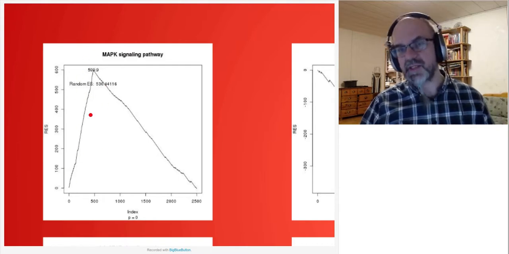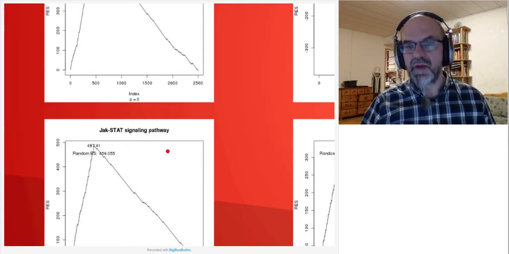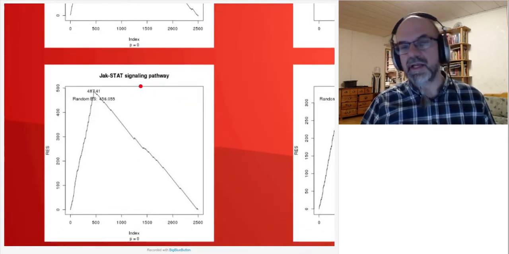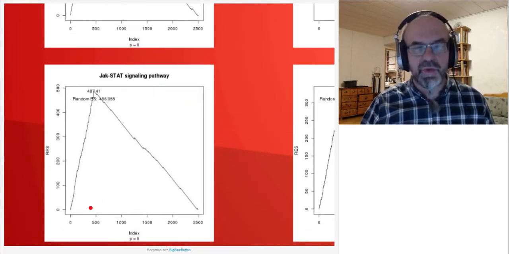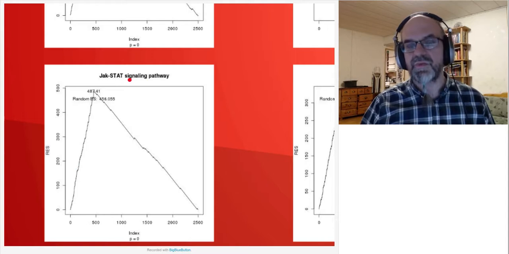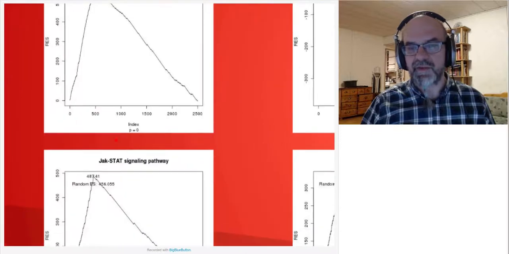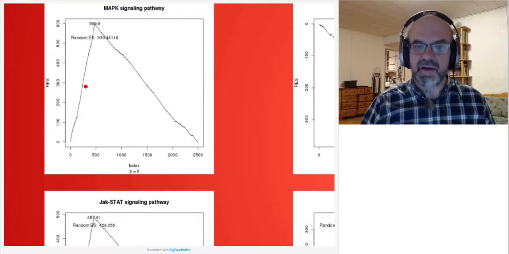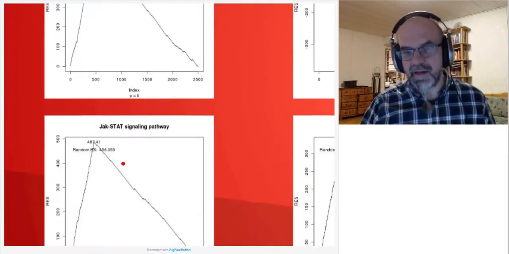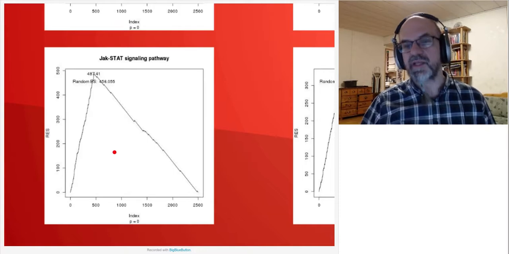This data is coming from such an experiment. Obviously, the JAK-STAT signaling pathway is full of MAP kinases. So when those genes are upregulated, obviously the MAP kinase signaling pathway related genes are upregulated too, because basically they are the same or almost the same.